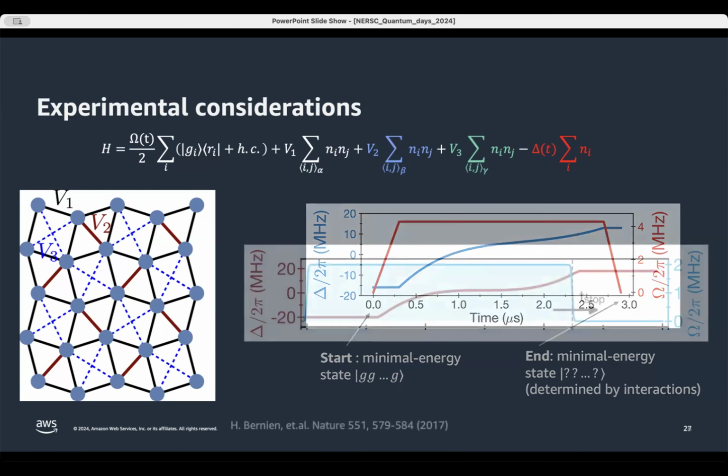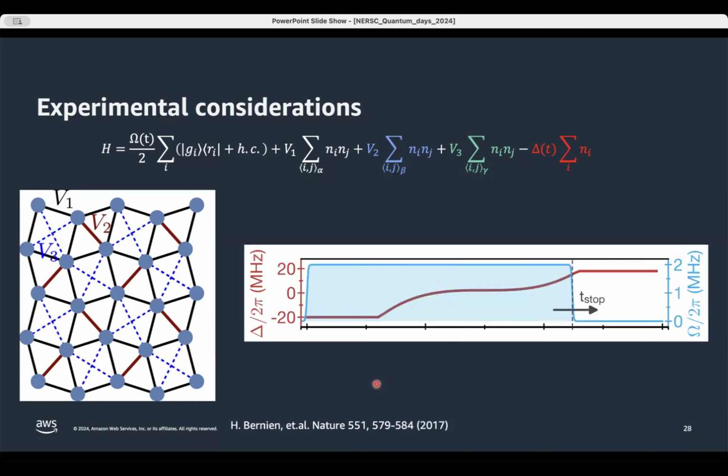But what you can do, as this paper or other papers have done, is quickly ramp omega down, like the one they show here, and do the measurement right there instead of waiting until the end. So the system doesn't have time to respond to the fact that omega has to ramp down to 0. With such a trick, you can actually probe the 2/5 phase, as we are going to show now.